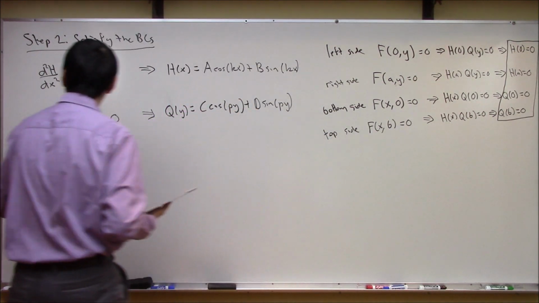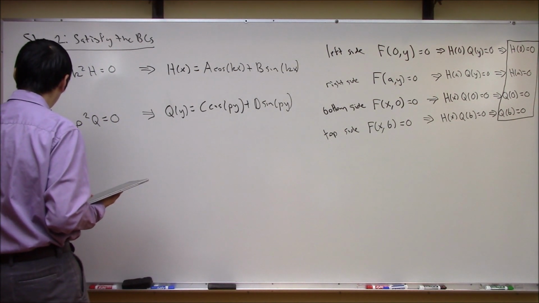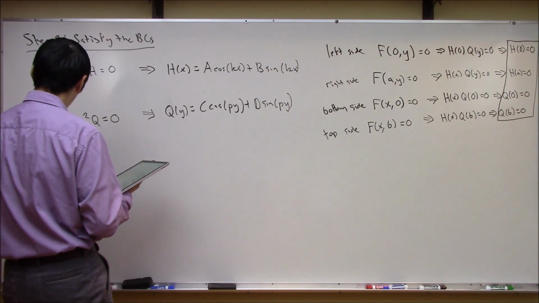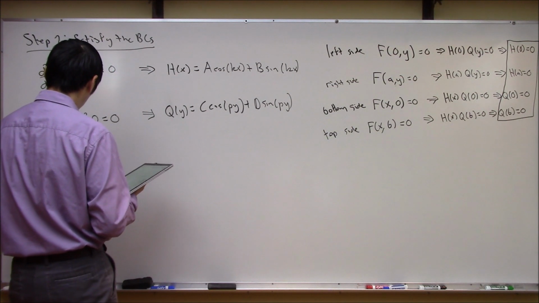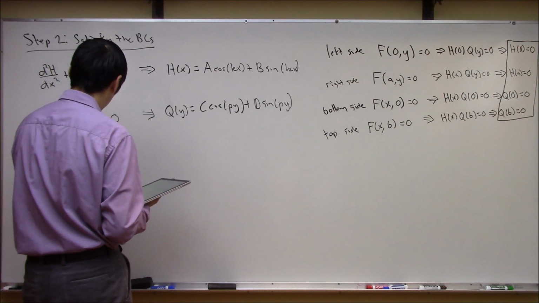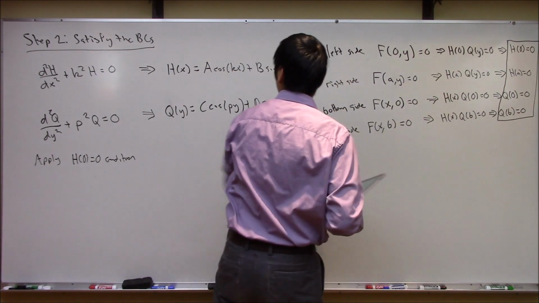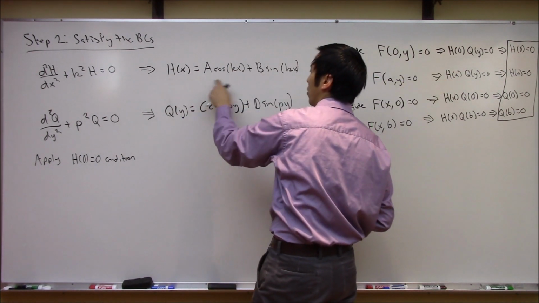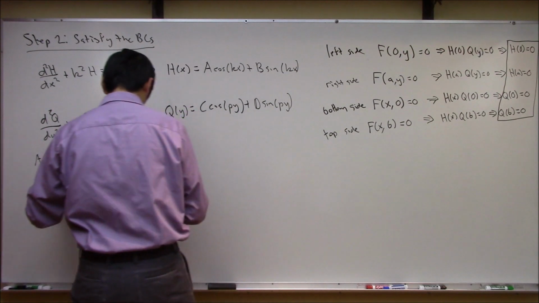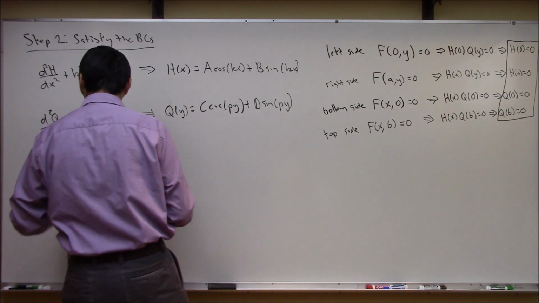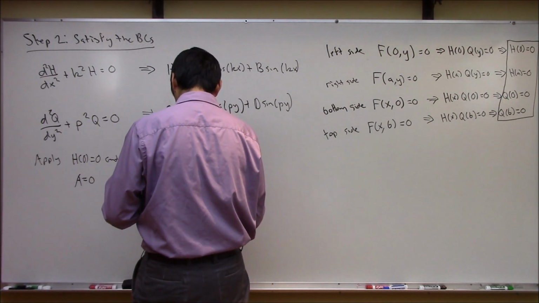Okay, so let's apply the h of 0 is equal to 0 condition. That's basically the left side here. So h of 0 is equal to 0, so I just plug in 0 here, and we end up with a has got to equal 0. Great, that's one solution.